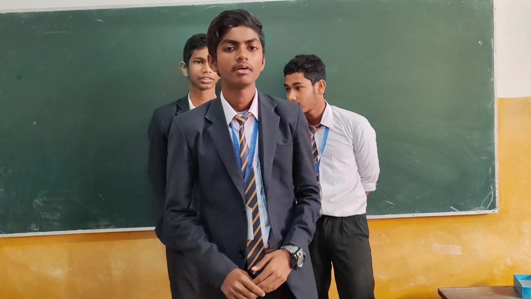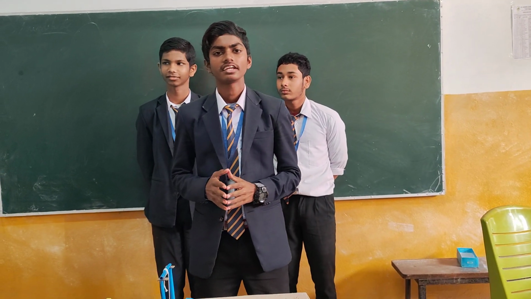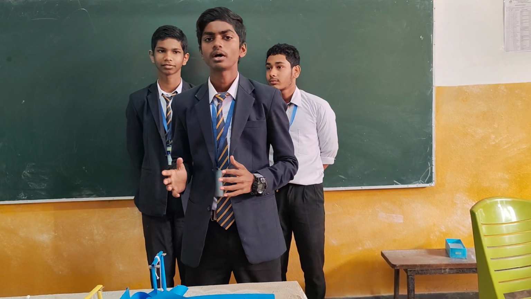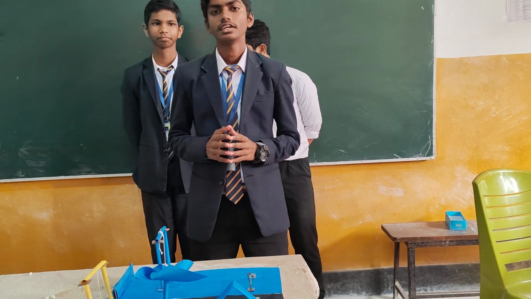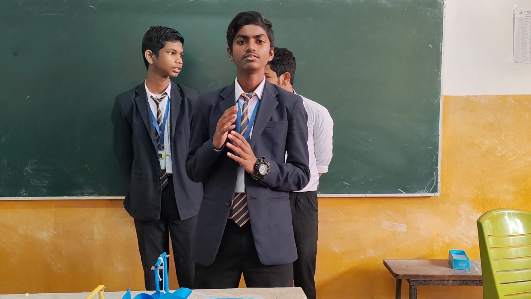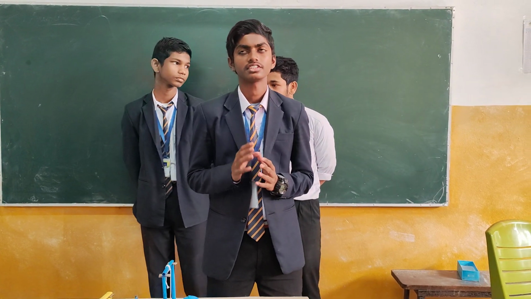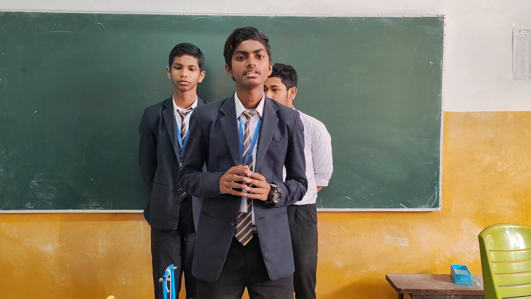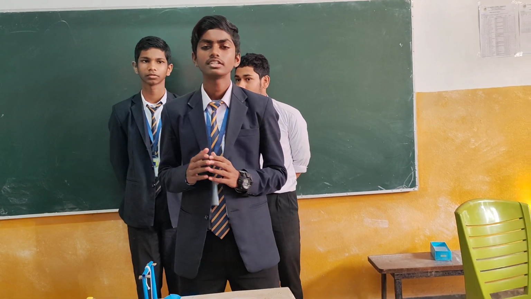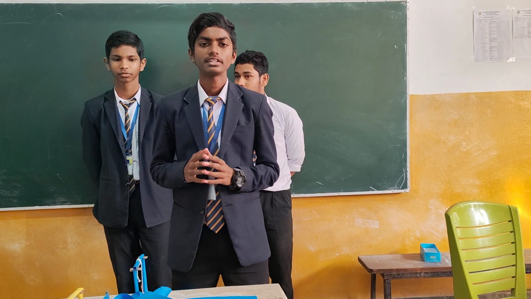Good morning everyone, my name is Krishna and now I will explain to you about vibrating motion and rectilinear motion. At first, what is vibrating motion? Vibrating motion is a type of motion in which a body moves back and forth around a fixed point. The motion is rapid and occurs at regular times, creating a periodic pattern.